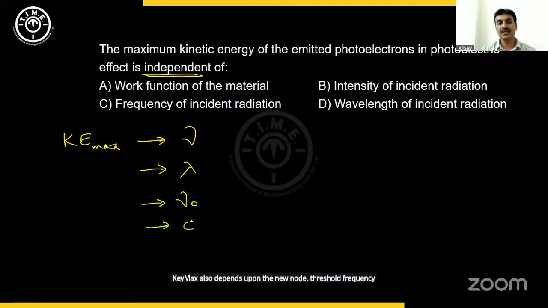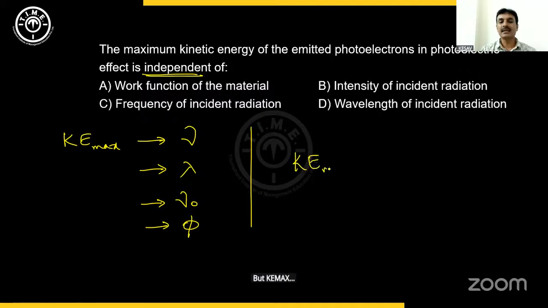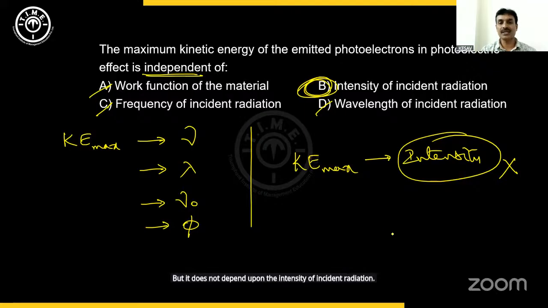That means nu naught is related to the work function, but Ke max is independent of the intensity. It does not depend upon the intensity of radiation. It depends upon wavelength. It depends upon frequency. It depends upon work function, but it does not depend upon the intensity of incident radiation. So what is your correct answer here? You are asked to find the quantity on which it is independent. It is independent on option B.